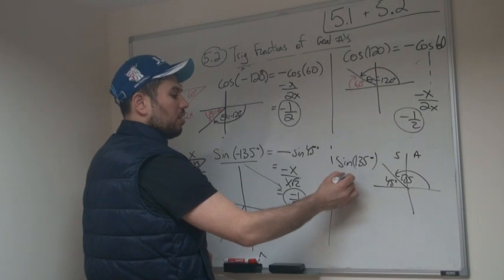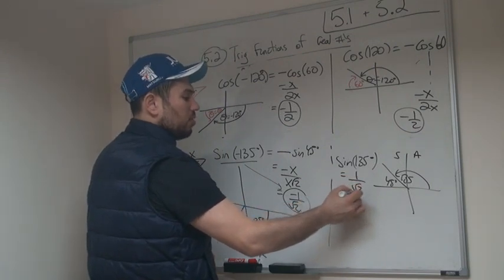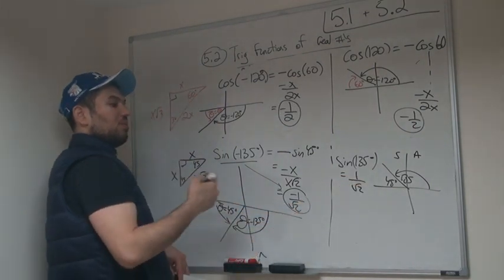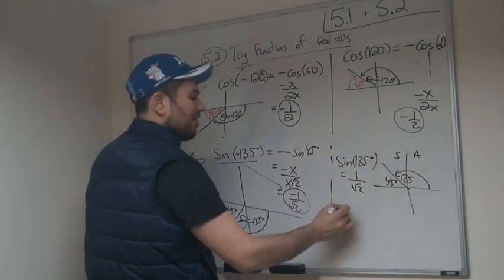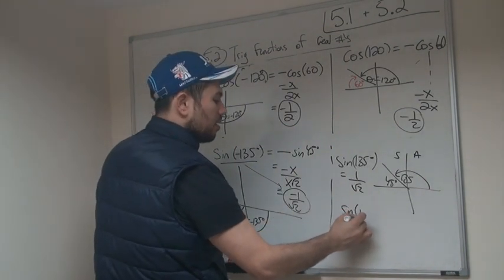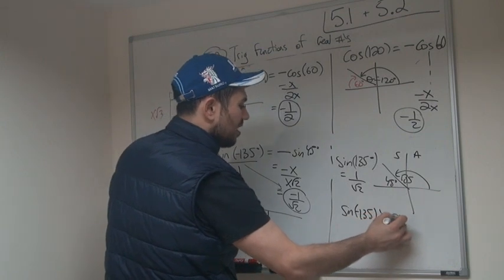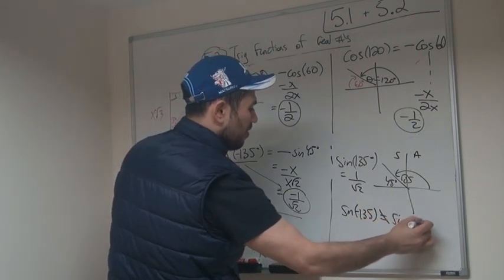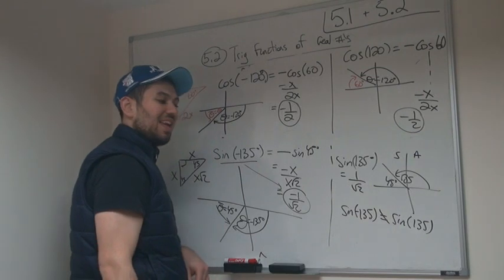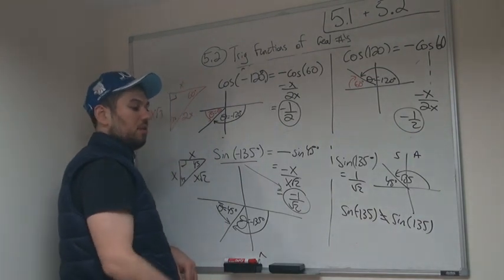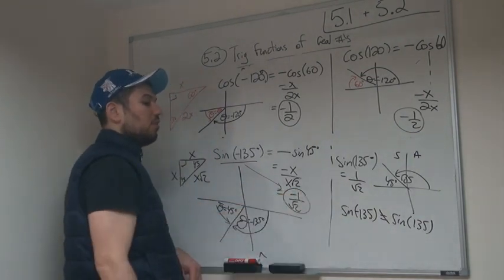So my result here would be positive 1 over rad 2. So as we see here, sine of negative 135 doesn't equal sine of positive 135. It is not an even function. Minus 1 over root 2 doesn't equal 1 over root 2.